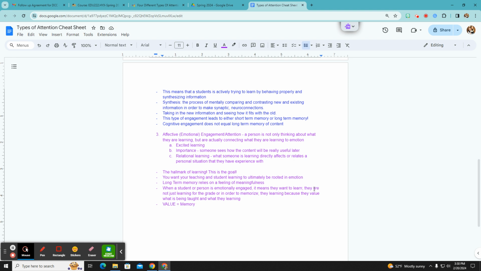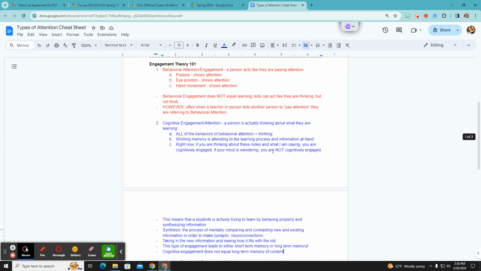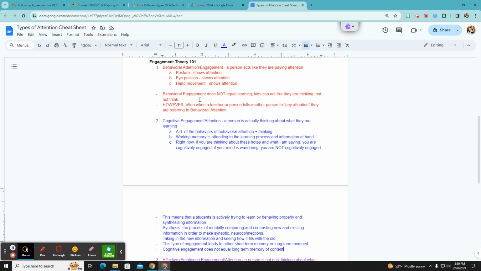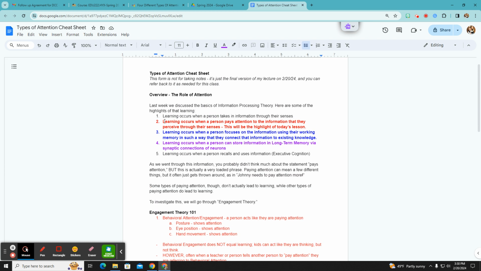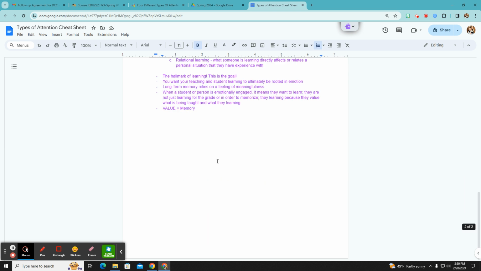But the odds of you remembering something because you emotionally had a resonance with it is much, much higher than just cognitive engagement, which is like memorization, or behavioral engagement, which is you just acting properly. So, literally, these middle 3 phases of information processing theory are essentially engagement theory at the same time. So based on that, what does this mean?